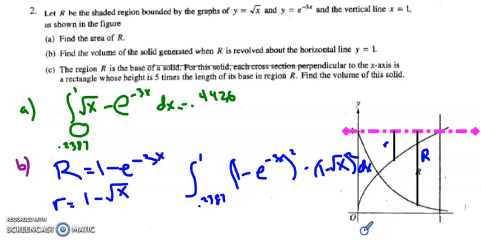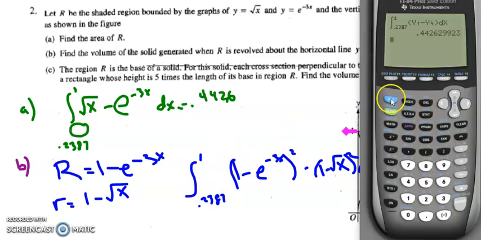So now I'm going to have to do some work within my calculator to get it to the point where I can integrate this. And I think my approach is going to be to go back to my home screen, and I think I'm going to work on my little r here and just insert a 1 minus, and then actually insert parentheses. So I have 1 minus rad x, and then I'm going to square it.